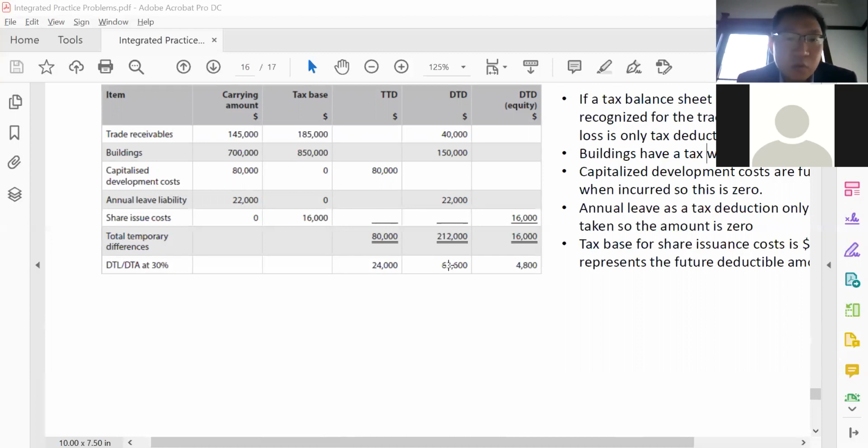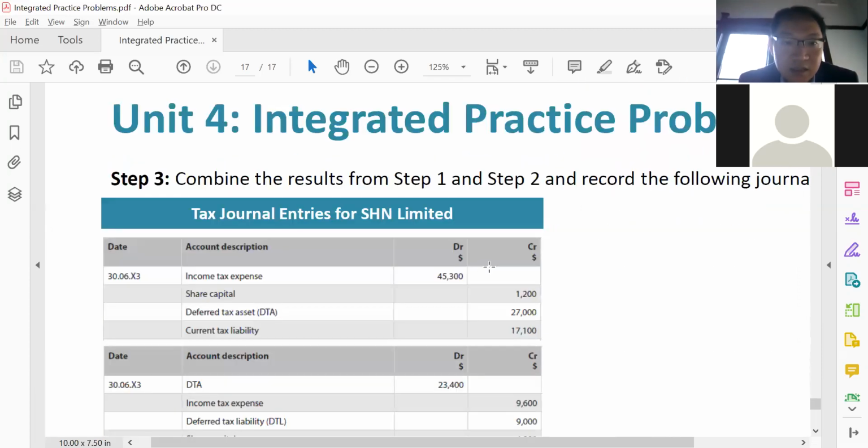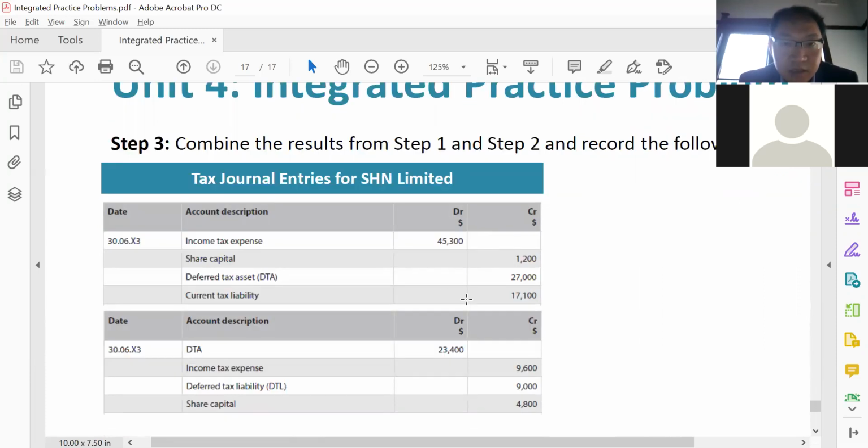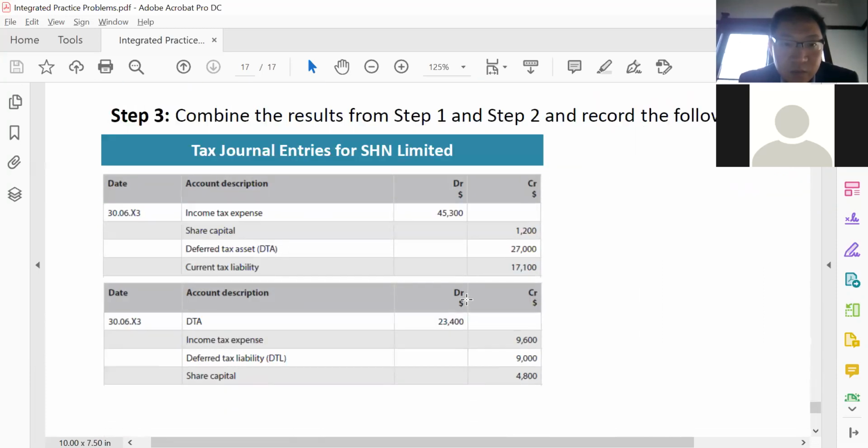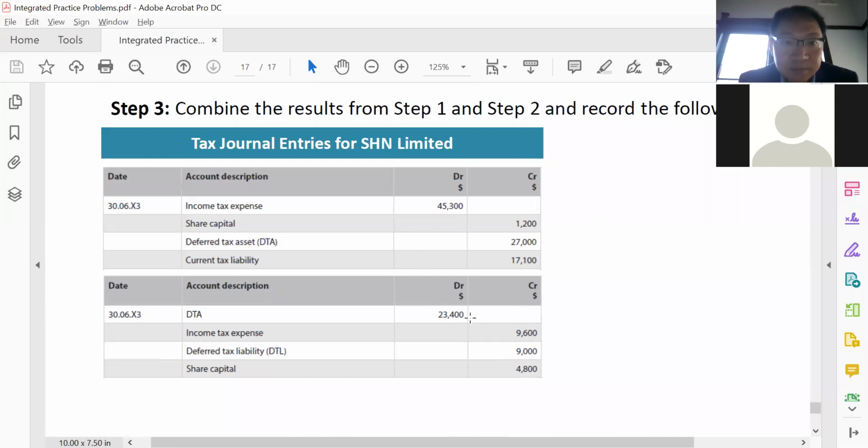We very much know what the prior year amounts are, so we can easily take these balances, subtract them from the prior year balances, get the movement, and bring all of that together in our journal entry here. So this is what it's going to look like.